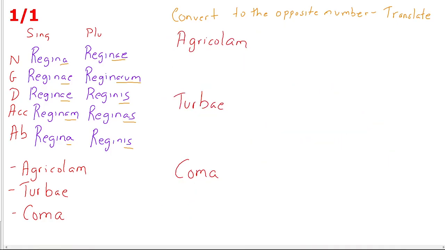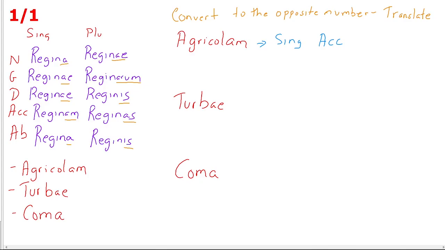So first let us identify which number is it. Is it singular or plural? Okay, singular. Now which is the case? Wait, let him answer. Which one? Okay, case is accusative. So now what we are supposed to do is we have to translate to the opposite number.